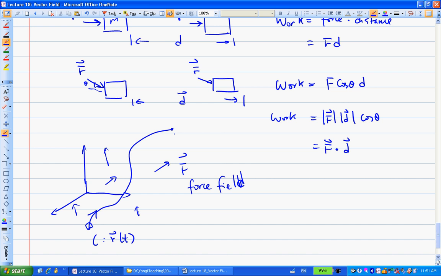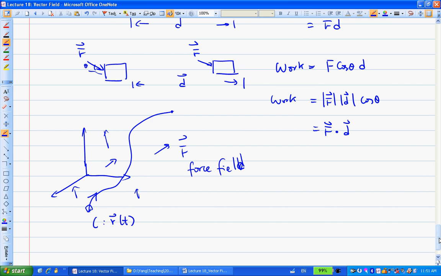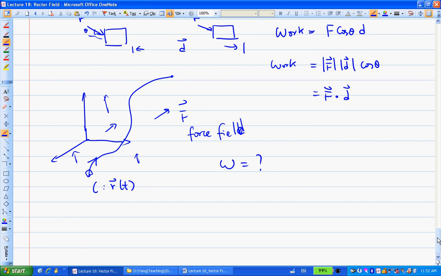You're not just moving a small distance, you're moving along an irregular curve, and anywhere along this curve there might be a different amount of force, because of the field. So what does W equal in this case? Whenever you see this kind of question, it needs an integration.